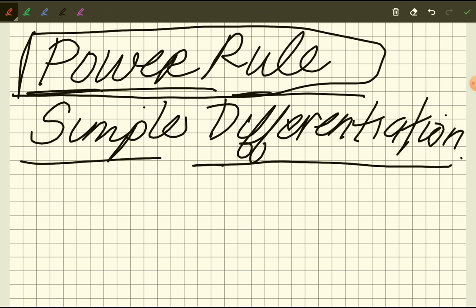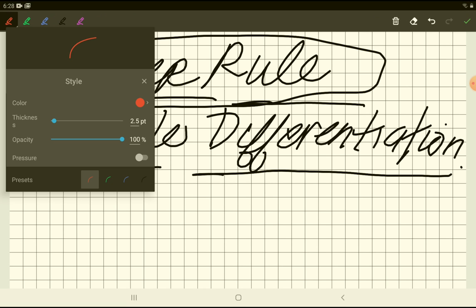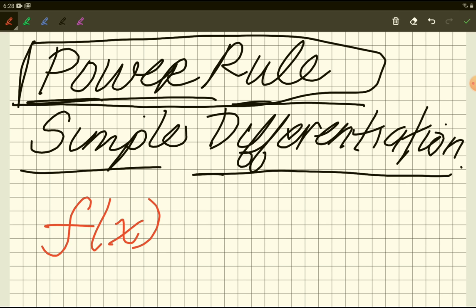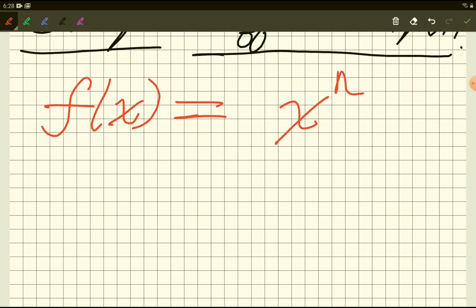F of x. So say you have a function, x to the n power. Very standard. So, for example, say you have a function that looks like this, x to the third power.